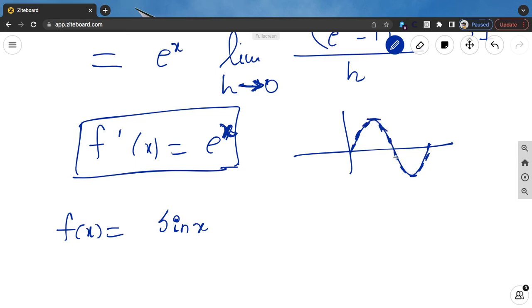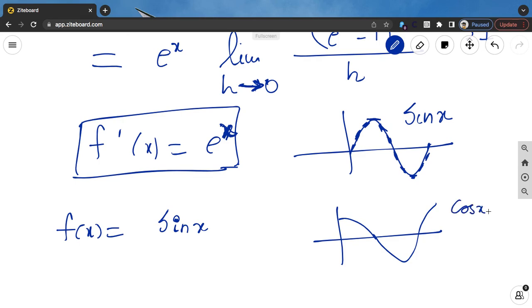Then it's negative, and then 0 again, and then positive. So if it is sin x, the slope of the curve looks like it is cos x. That's what I understand visually.